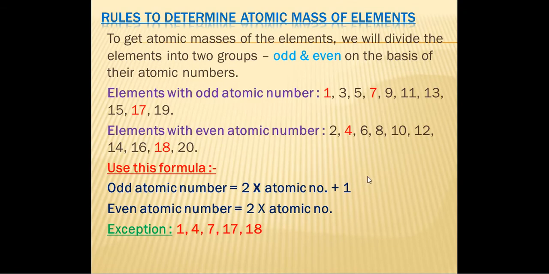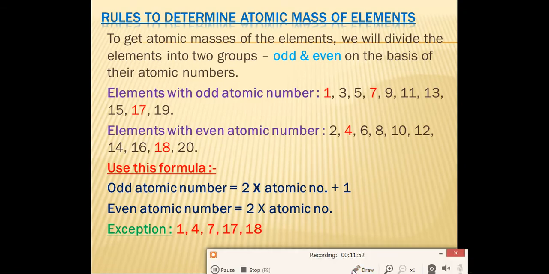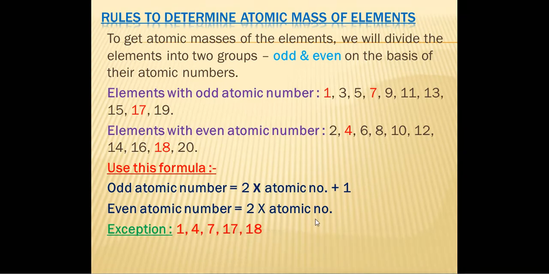Now in this slide I will tell you the rule to determine the atomic masses of the elements. To get the atomic mass, we'll divide the first 20 elements into two groups, odd and even, on the basis of their atomic number. You know what odd and even numbers are? Odd numbers are those which are not divisible by 2, for example 3, 5, 7, 9.